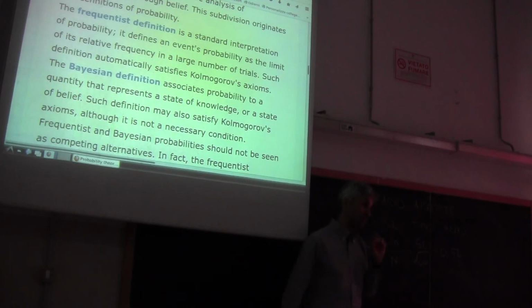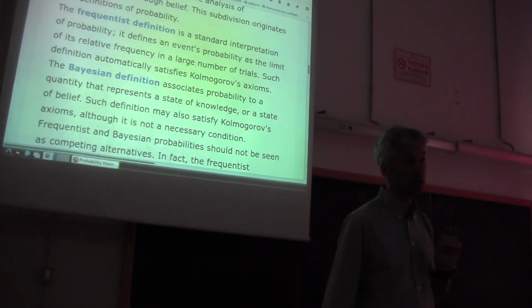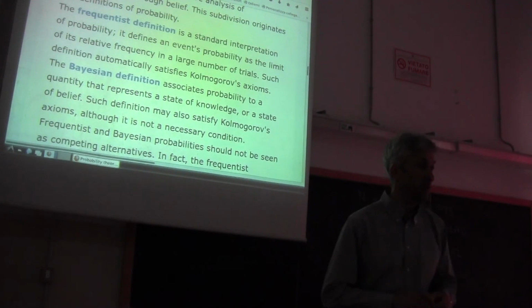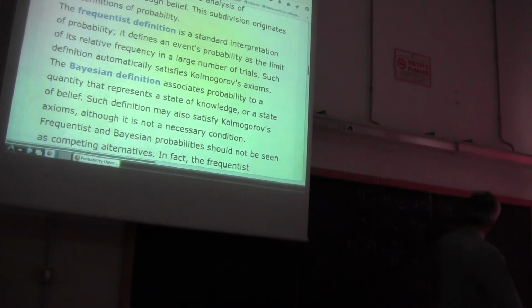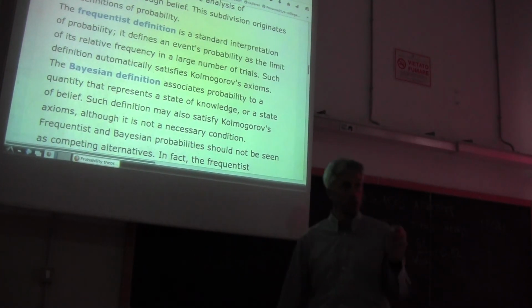And look, people did experiments to prove that. Pearson was a famous statistician. He tossed the coin 24,000 times, and he got 12,024 heads, which is very close to 0.5.